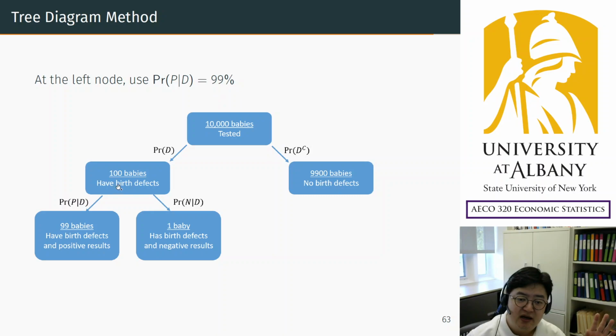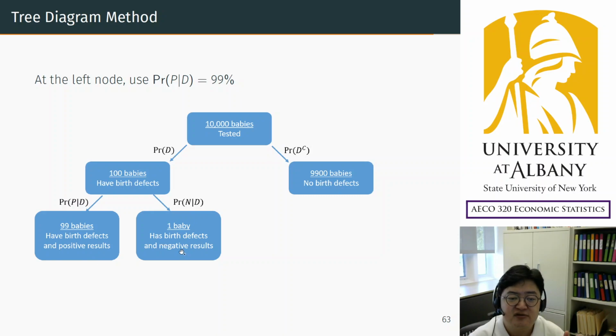That means out of 100 babies with birth defects, 99 of them will have positive results. 99% are detected, but the other one baby has a negative result. So the birth defect is not detected for this baby. So, right, that's the false negative case.